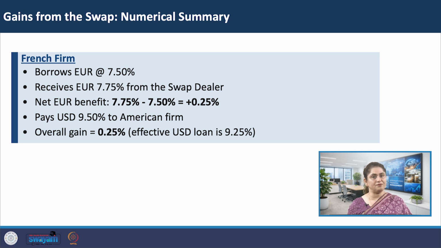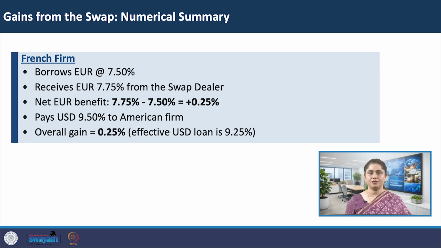So the net euro benefit is 7.75% minus 7.50%, which is 0.25%. This is the net benefit. It pays out USD 9.50% to the American firm. Now, this is the cost of accessing USD dollars. So the French firm's overall gain from being in the swap is 0.25%.